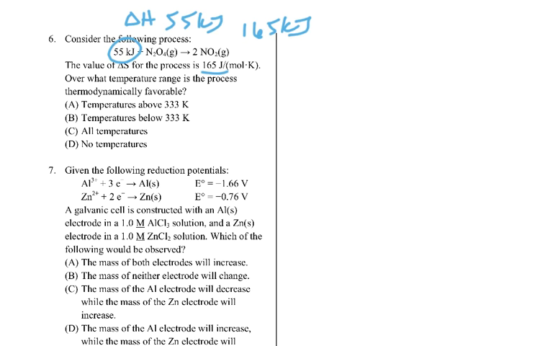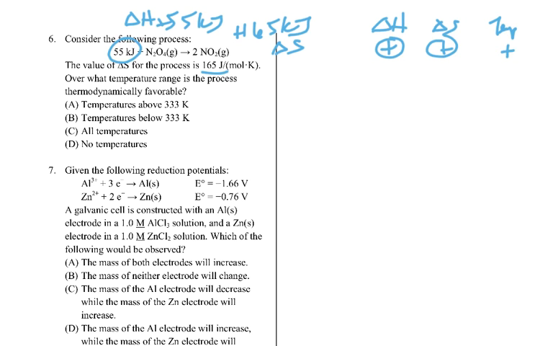Both of these are positive values. So if delta H and delta S are positive, then we know that this is going to be thermodynamically favorable at higher temperatures.